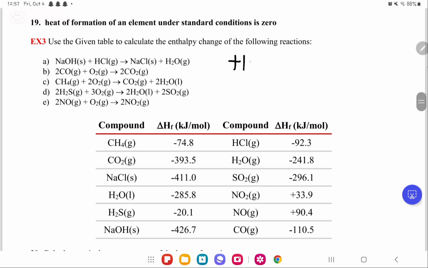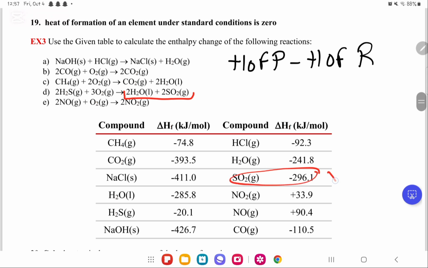Now the fourth one. We have again the equation heat of products minus heat of reactants. Okay? What is our product? We have here 2 SO2 gas. So this times 2 plus 2 H2O liquid. So where is H2O liquid here? Times 2.